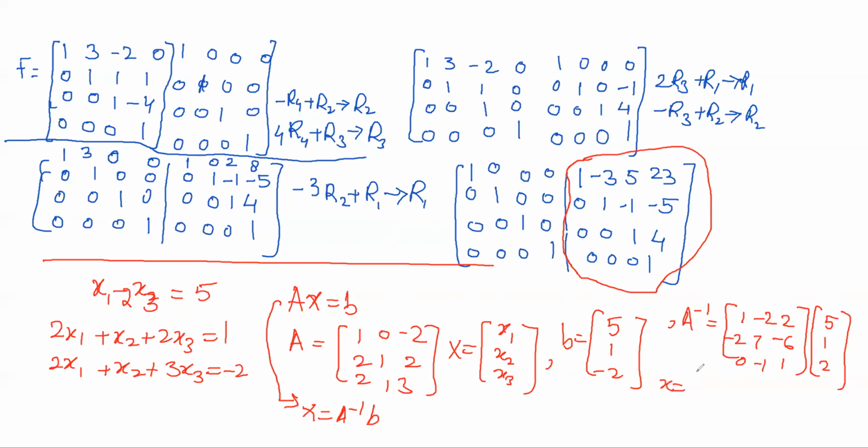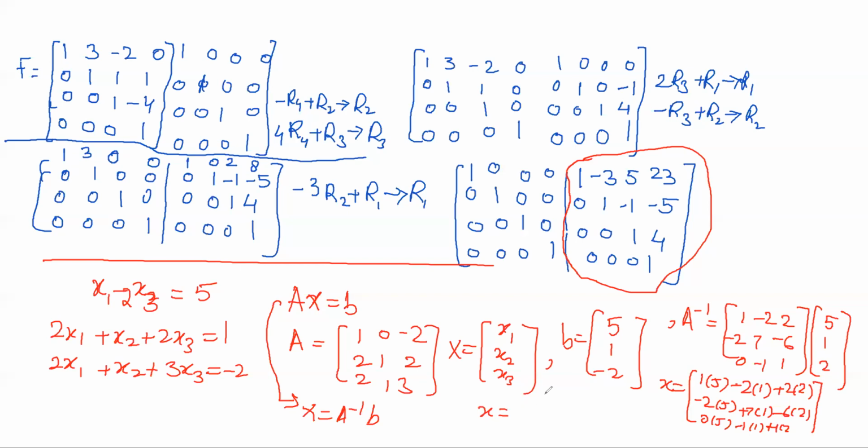In this case, it will be 1 into 5 plus minus 2 into 1 plus 2 into 2. And then minus 2 into 5 plus 7 into 1 minus 6 into 2. And then 0 into 5 minus 1 into 1, and then plus 1 into 2.